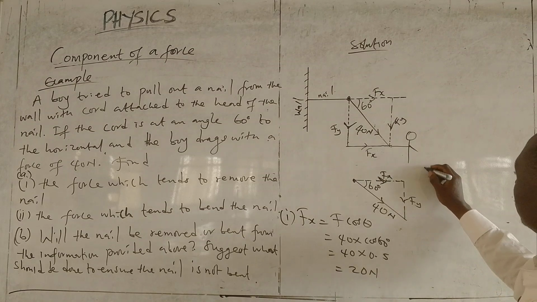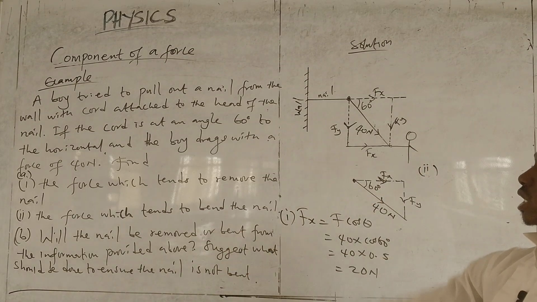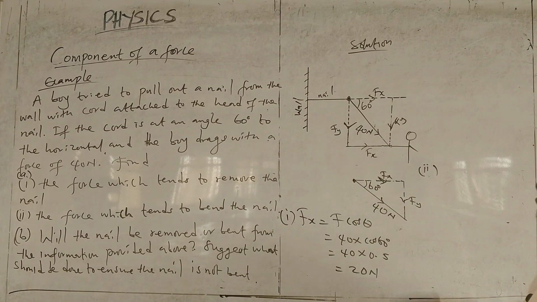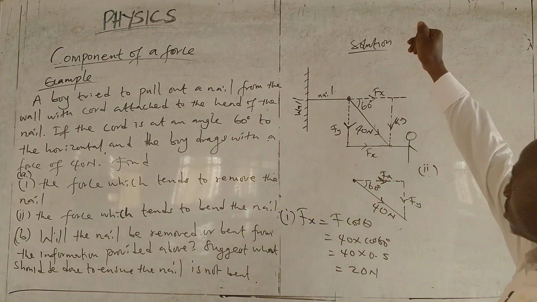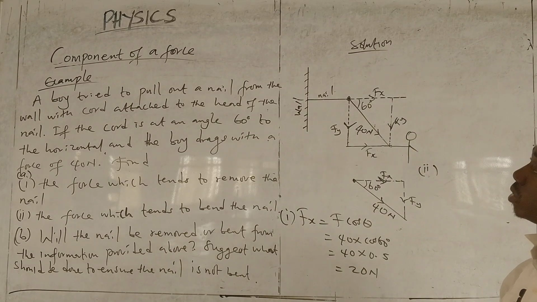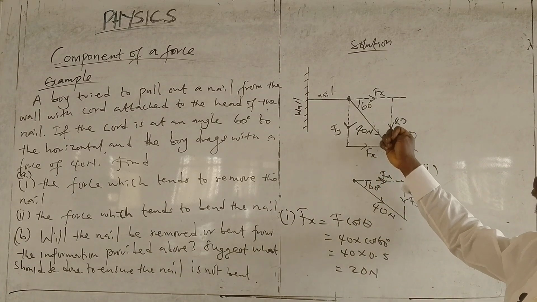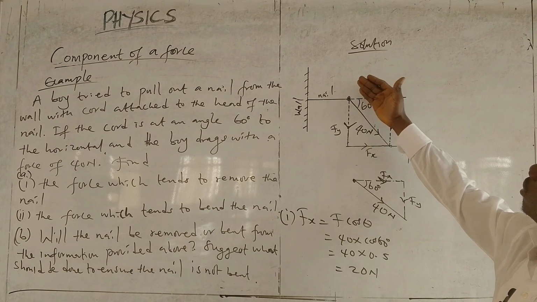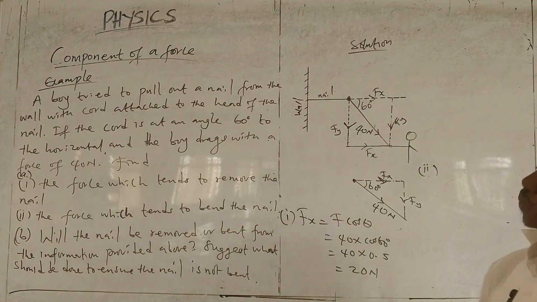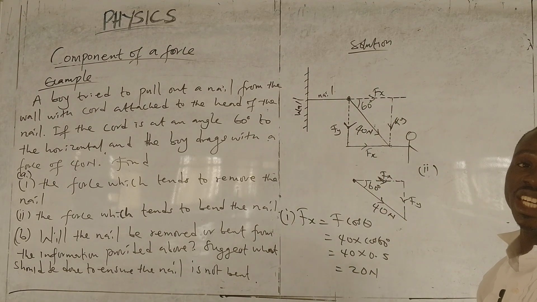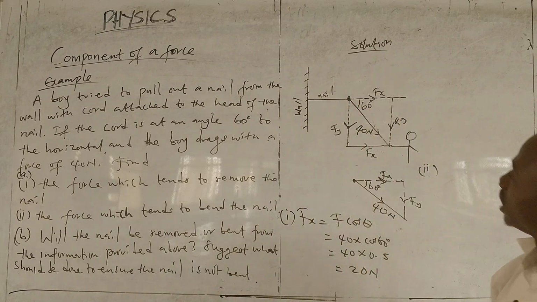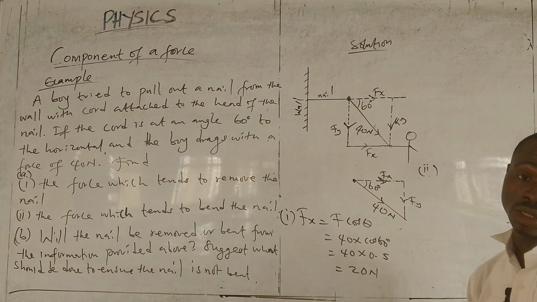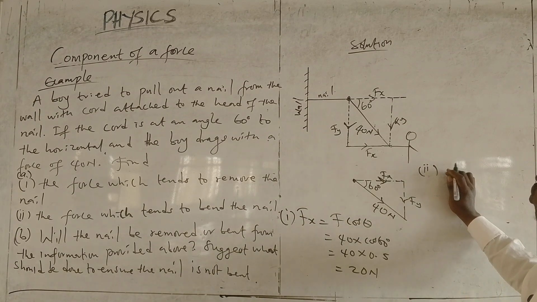Now, the second question says, find the force that tends to bend the nail. For the nail to bend, the force must be vertical. The nail will be dragged downward, and it is when the nail is dragged vertically that it is going to bend.